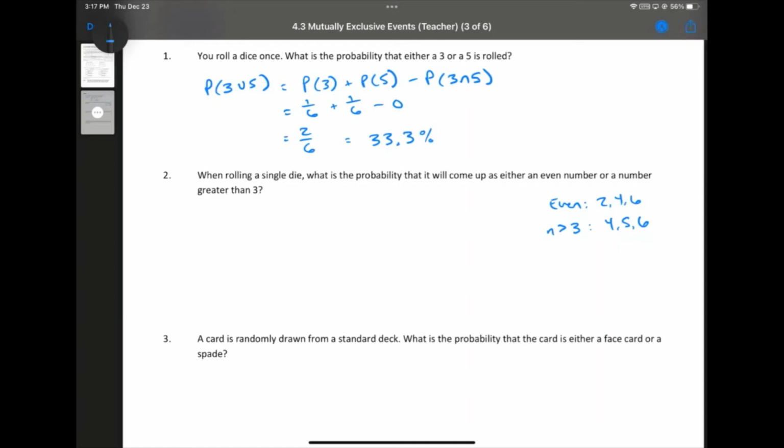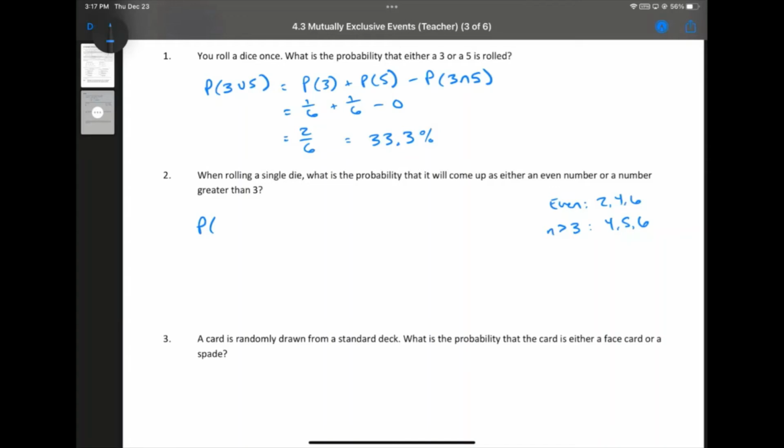And so even now, we could, I think, without too much trouble, see that the only numbers that meet our criteria are 4 or 6. Sorry, that would be ands. We're talking about ors. Probability of, now in this case, it's a little bit difficult to write out the explanation within that bracket, of even or greater than 3.